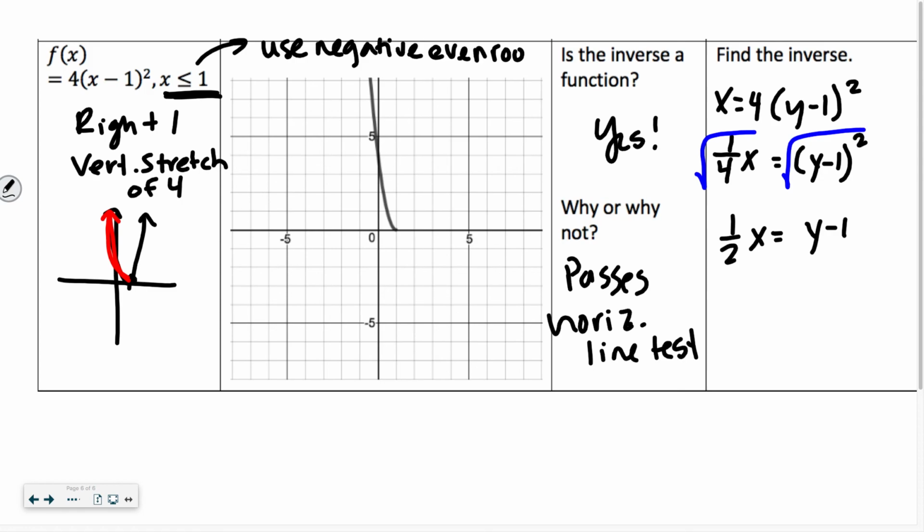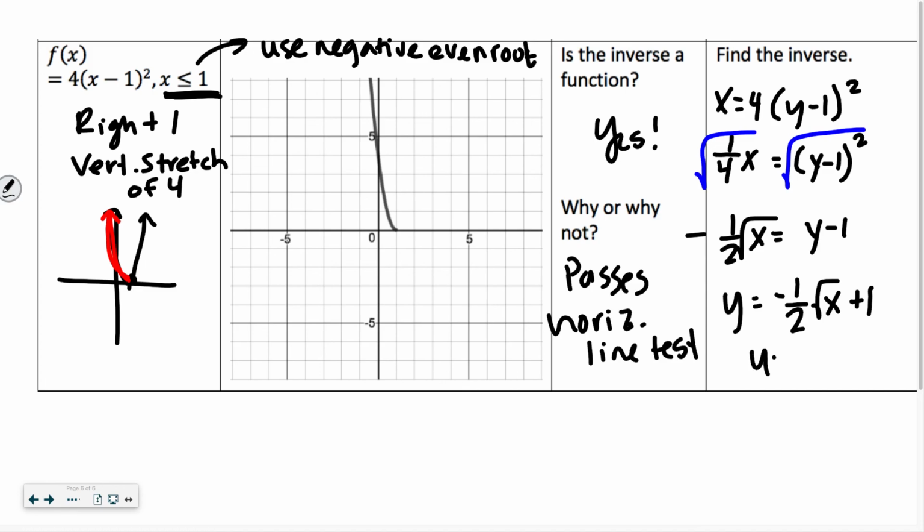That's that box at the top of the page. So we're going to have a negative. Oh, sorry, there's the square root of x, isn't there? Negative 1/2 square root x equals y minus 1. Then add 1 over. y equals negative 1/2 square root x plus 1.